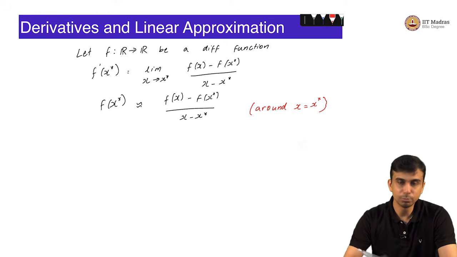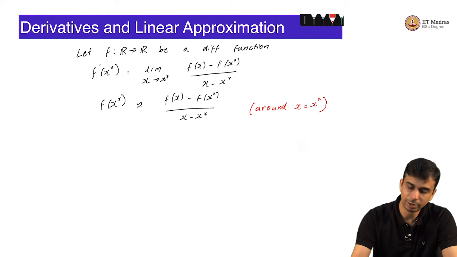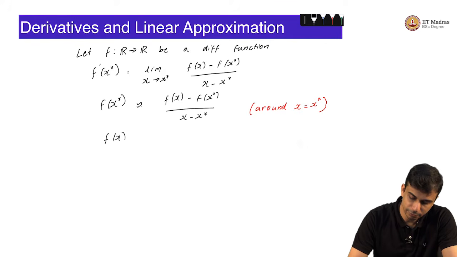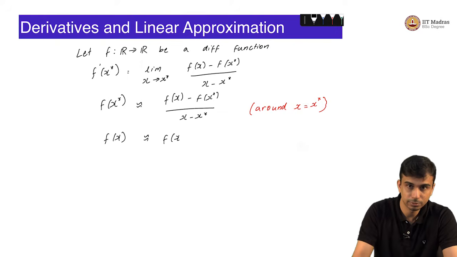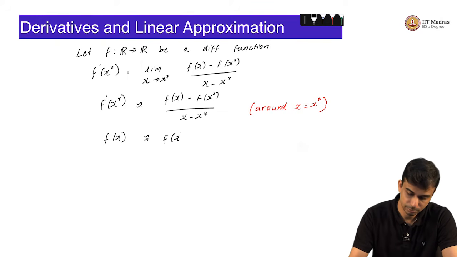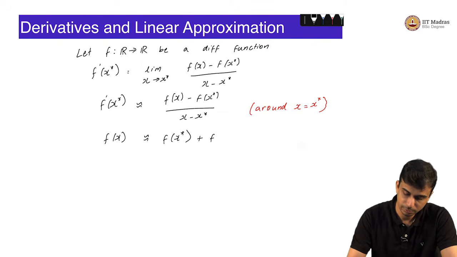Now that we have this, we can move things around and write an alternative expression, which is f of x is approximately equal to f of x star plus f dash of x star into x minus x star.